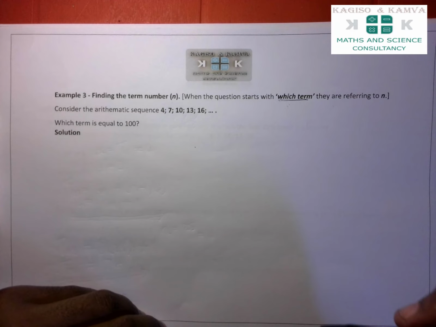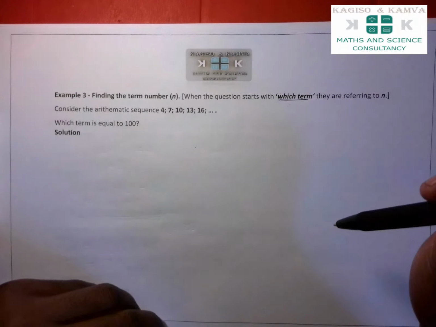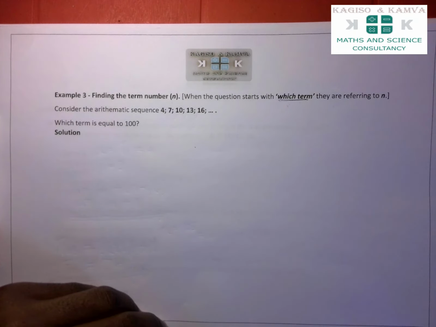They are looking for the position of the term. When they say which term, you should know they're asking for position, not the value. But when they say determine the 25th term, like in the previous example, they are looking for the value of the term.